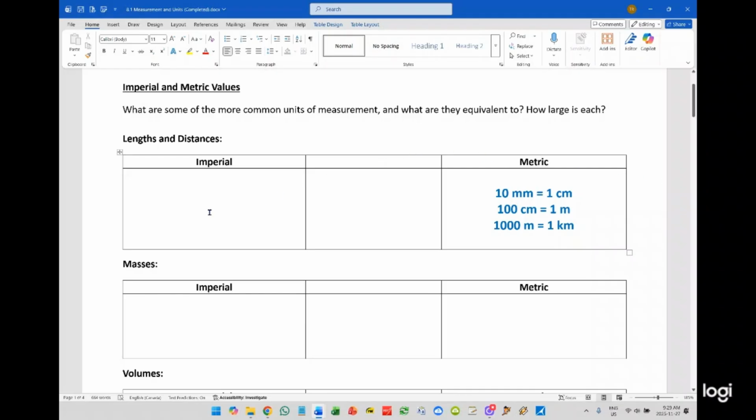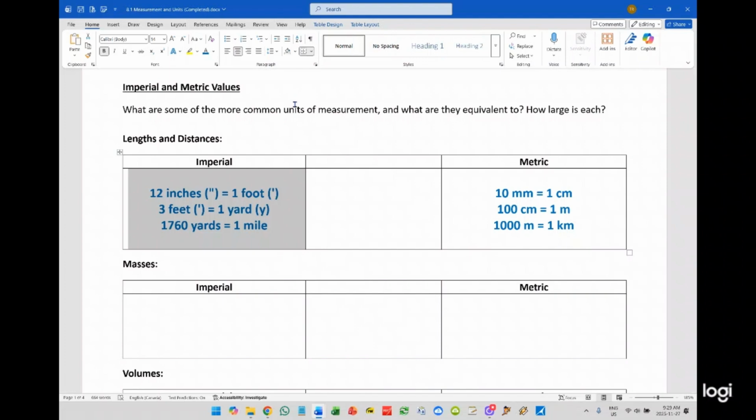When it comes to imperial, we also have a bunch of units: inches, feet, yards, and miles. These tend to be the standard ones. There are some old English ones, some weird ones like furlongs that we don't tend to use. They may come up in some questions, but I would always define what they are within the question if that should happen.